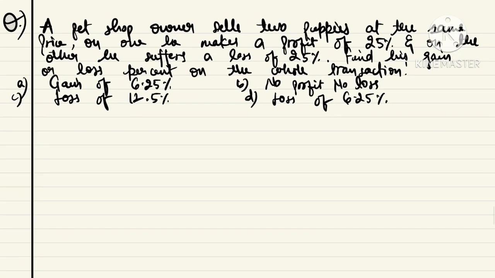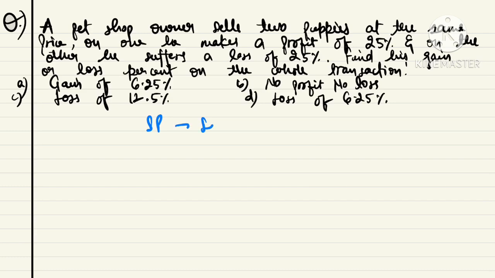Very good question. It will give you a concept clarity about profit and loss. Fine. So let's read the question first. A pet shop owner sells two puppies at the same price. Fine. The selling price is same.